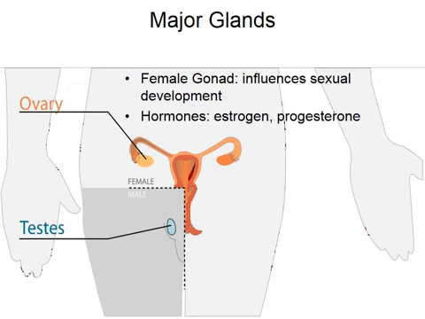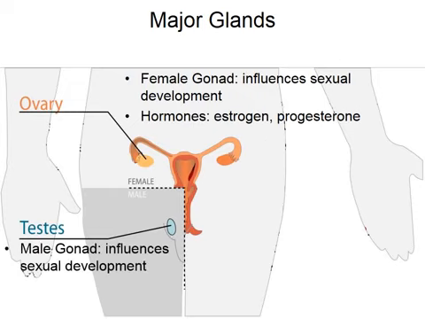So in men, the male sex organs, or the male gonads, are called testes. And just like in women, around the age of puberty, men will receive hormones from the pituitary gland. The hormones from the pituitary gland will cause the testes to release a surge of testosterone, which is the main hormone released by the testes.